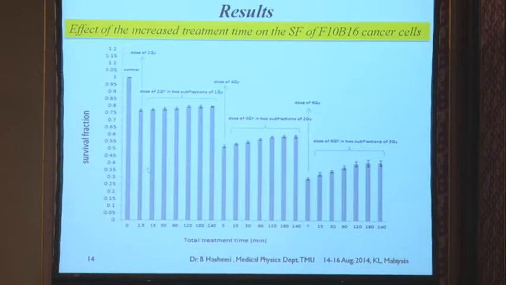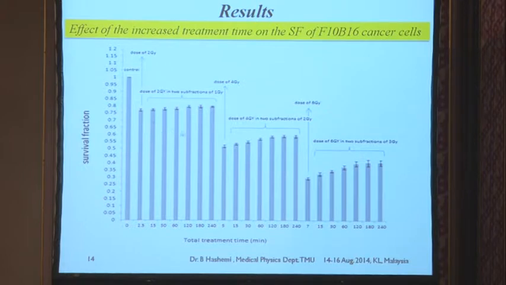And this is the final result. As you see, this is the control, meaning the cell line that has not been given any radiation, and it is the survival of the number of the cells. And this is the normal procedure that is carried out in clinic, a single fraction.